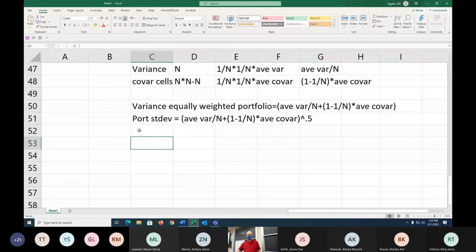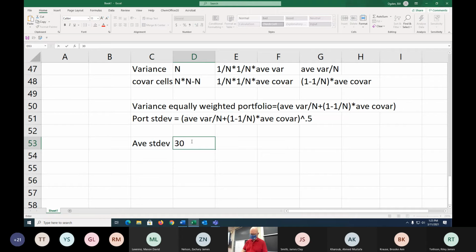You'll get n given. They're going to give you the average standard deviation. Let's say the average standard deviation is, let's use an example, 30%. I think that graph we have looks like it's about 30% for one stock.